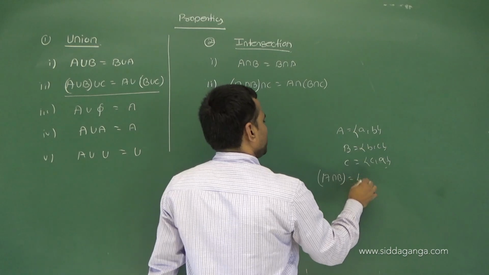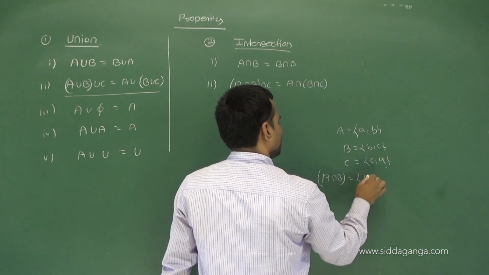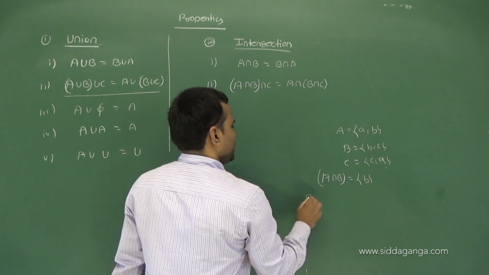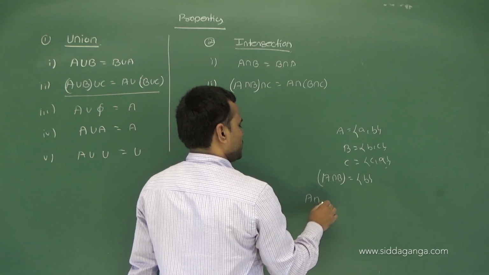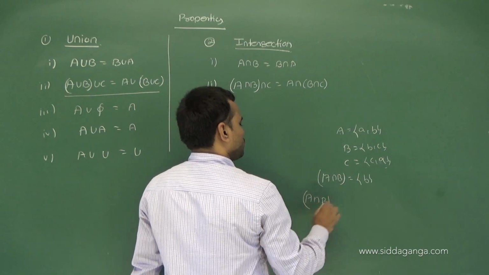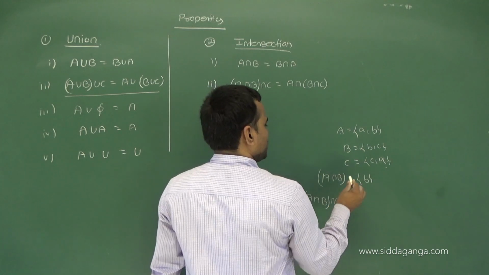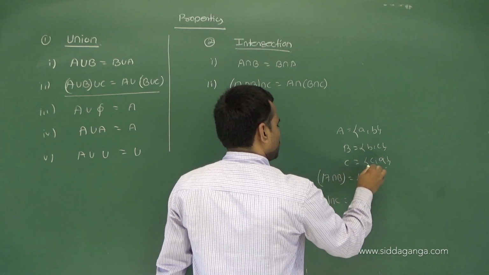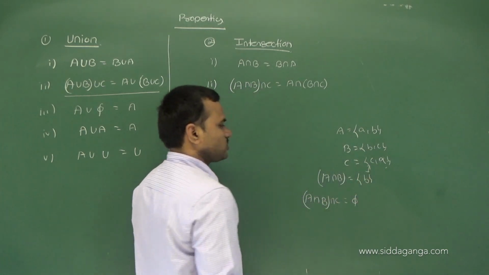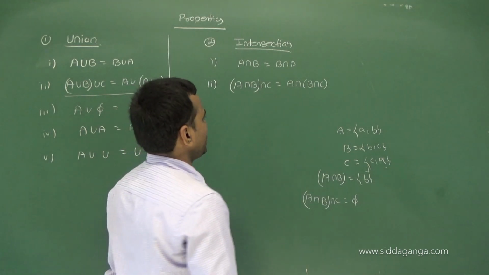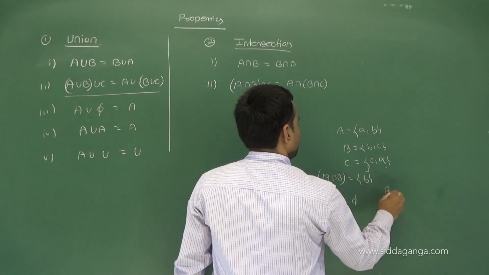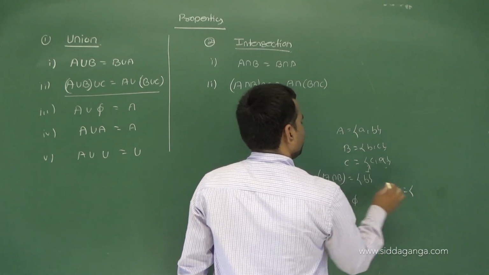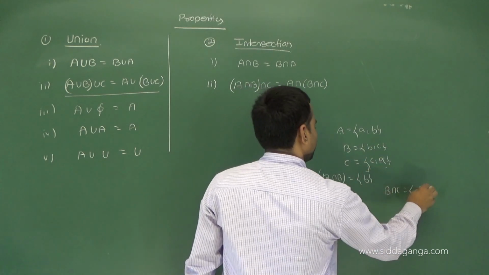A ∩ B, the common element is what? b. Then (A ∩ B) ∩ C. Combining these two results, the empty set has no elements. Next, B ∩ C. First I find B ∩ C, which is c.